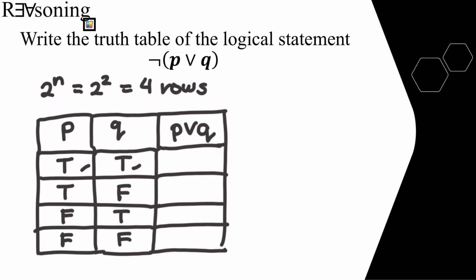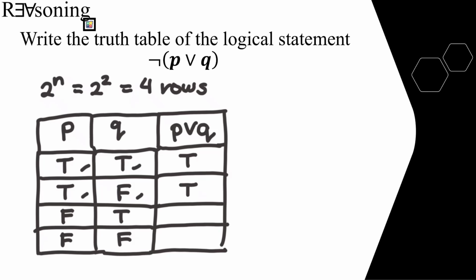So there are two true propositions. Hence, this is true because you only need at least one. Looking at the next row, we have 1 true and 1 false. This still falls on the idea of having at least one true proposition. Hence, for the disjunction here, we also have true.